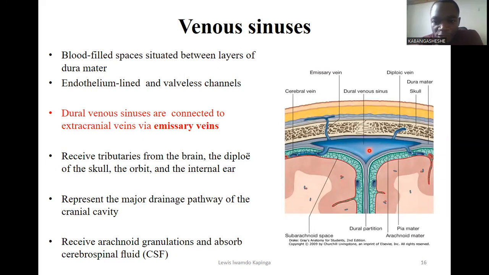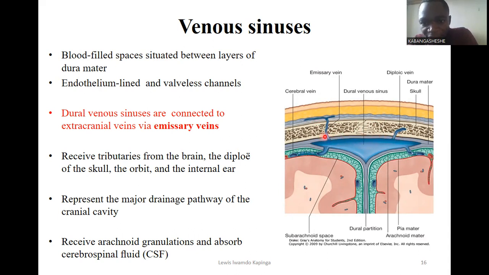Now, observe one thing here: within the skull, there are tiny, tiny perforations that extend all the way from the external surface of the skull into the internal surface of the skull. And these perforations actually also perforate the outer layer of the dura mater, which we call the periosteal or endosteal dura mater.